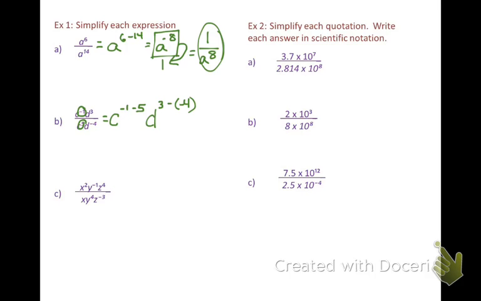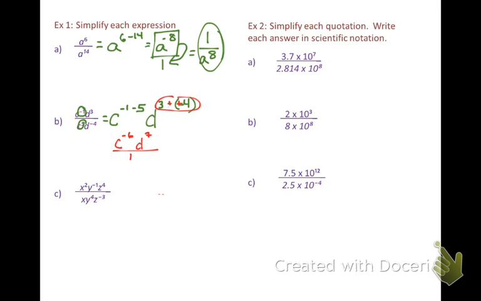A negative and a negative on this part is a positive. But on this part, I don't. I have C, negative 1 minus 5 is negative 6. And D is 3 plus 4 now, because a negative times a negative is a positive, so it is going to be 7.